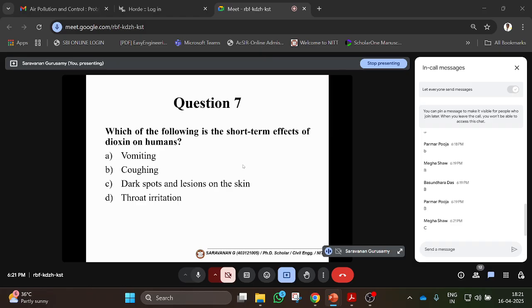Yeah, this happened to one of the presidents, I think. Dark spots, lesions on the skin. President of? Let me check this.